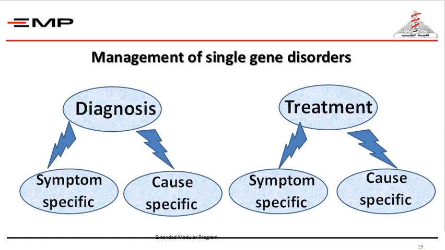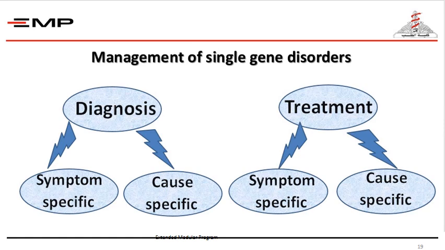For example, in diagnosis of inborn errors of metabolism that are caused by autosomal recessive disorders, the diagnostic measures will depend on the detection of the accumulated metabolite, the enzymatic assay, and the detection of the mutation using molecular techniques, while symptom-specific will depend on the symptomatology the child is suffering from.